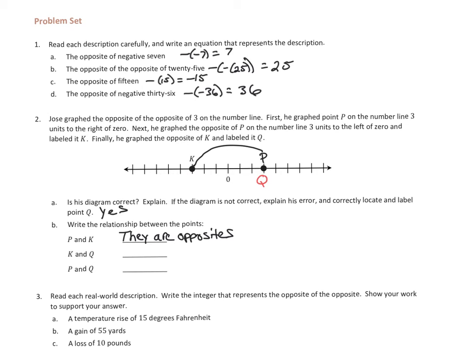And then, what about K and Q? They are also opposites. What about P and Q? What do we know about them right now? They are the same.